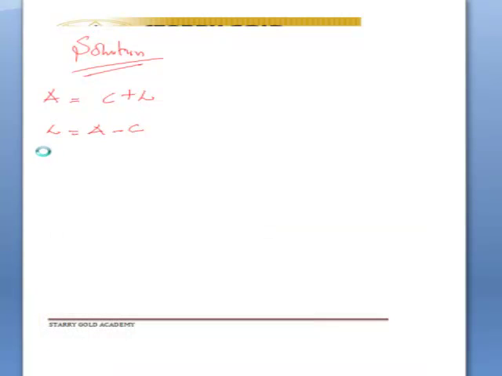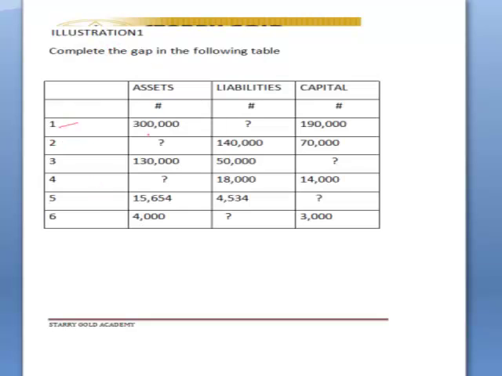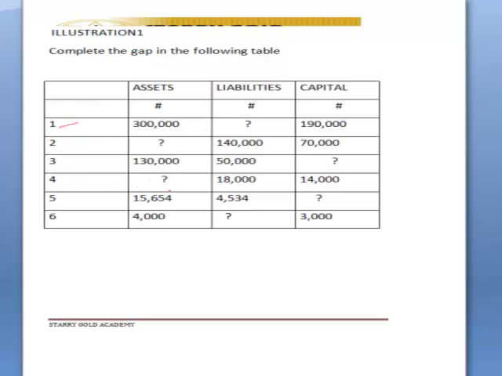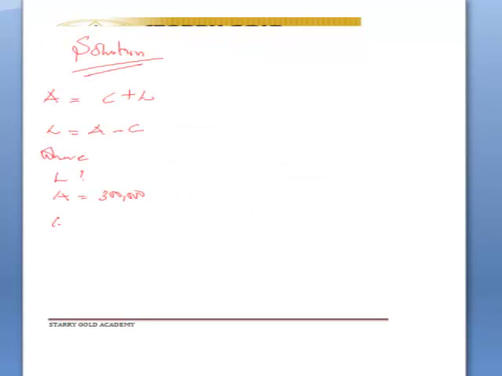Where, when we saw question number 1, L is what we are looking for, A is 300,000 and C is 190,000. So what is L?